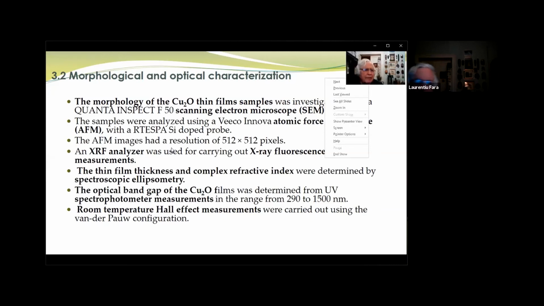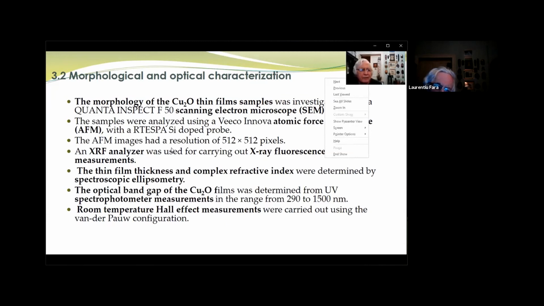At the same time, we have to consider that the optical band gap of the copper oxide film was determined from ultraviolet spectrophotometer measurements, and room temperature Hall effect measurements were carried out using the Van der Pauw configuration.